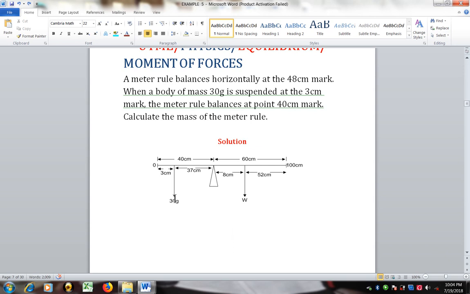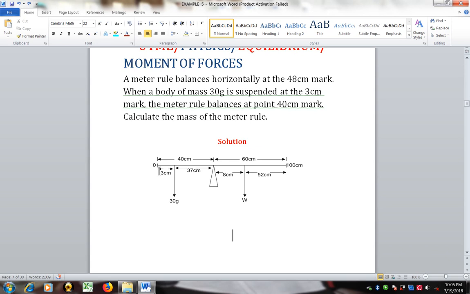When we put a body of mass 30 gram here, the equilibrium shifts to the 40 centimeter mark. This is where the meter rule now balances at the introduction of mass 30 gram.